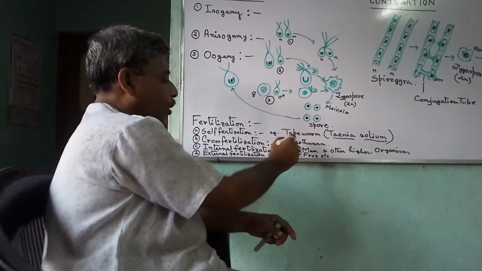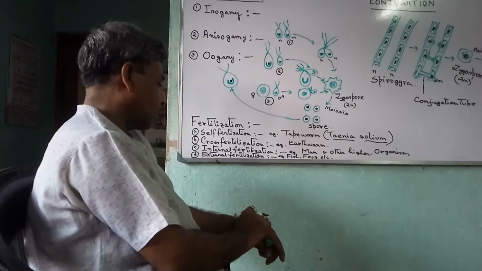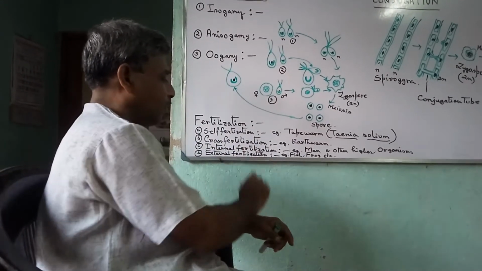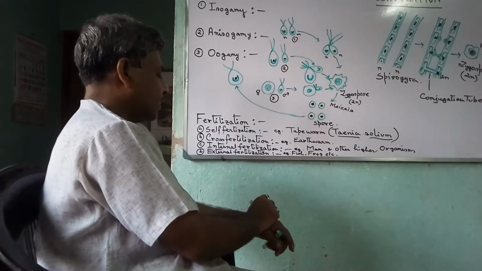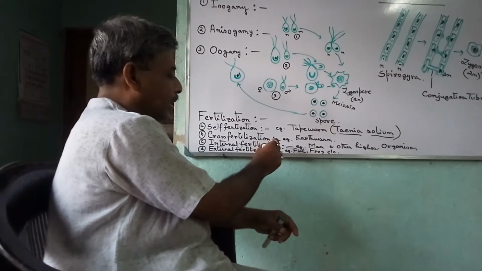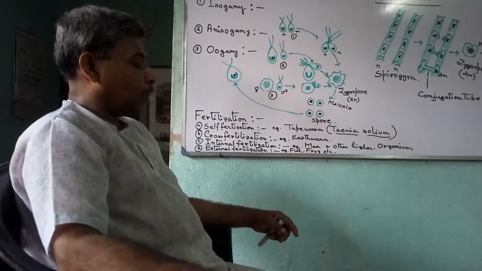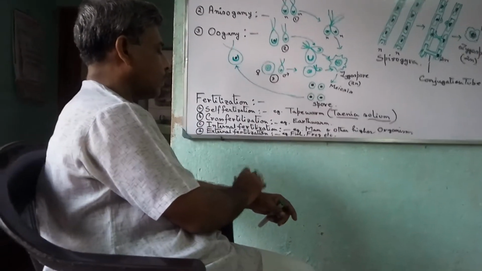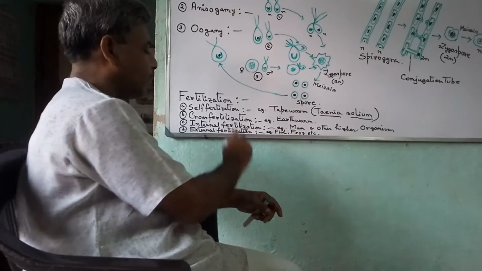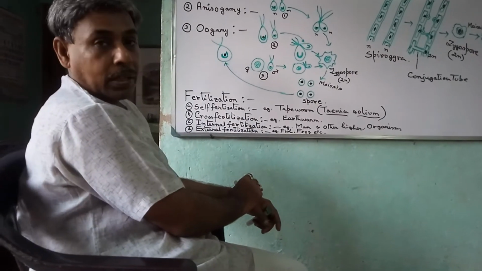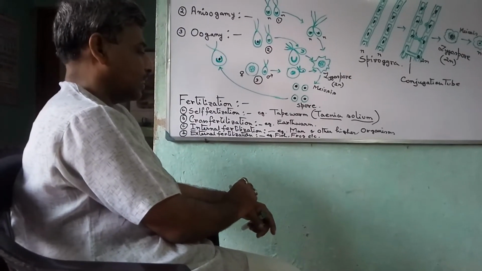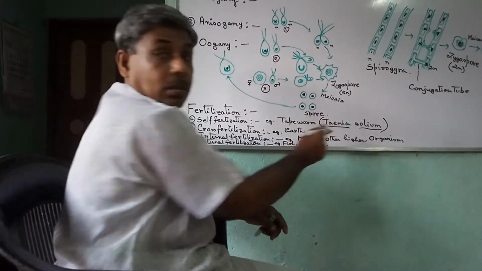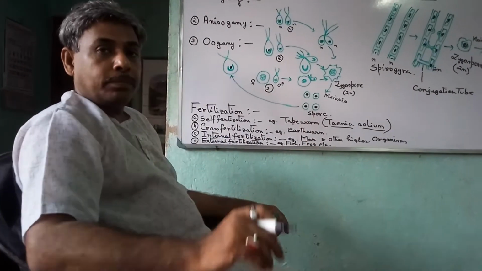Then we are coming to internal fertilization. What is internal fertilization? When the transfer of male gamete occurs within the female and fusion of the two gametes occur within the female body, and development of the offspring incidentally occurs within the female body, that is called internal fertilization.